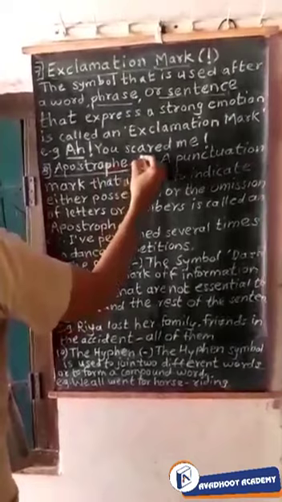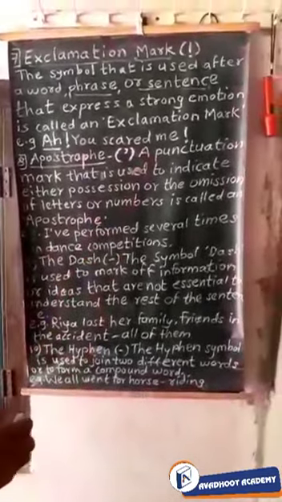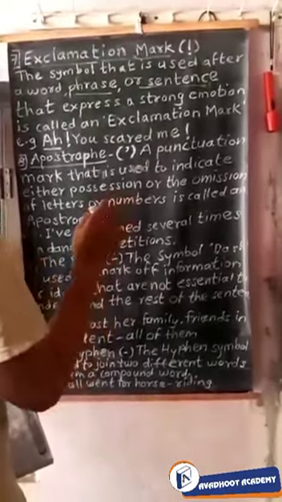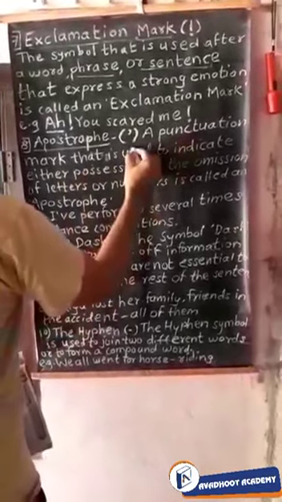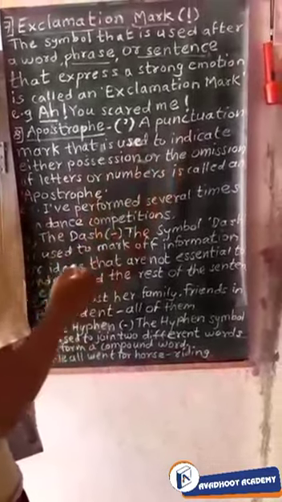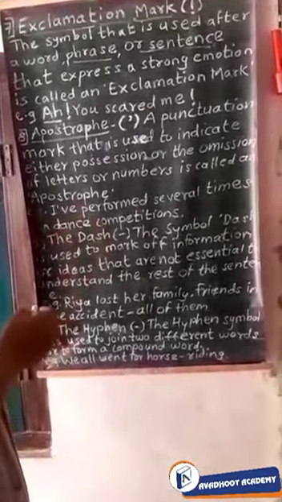The sign of the apostrophe is on the head of the word. A punctuation mark that is used to indicate either possession or the omission of letters or numbers is called an apostrophe.